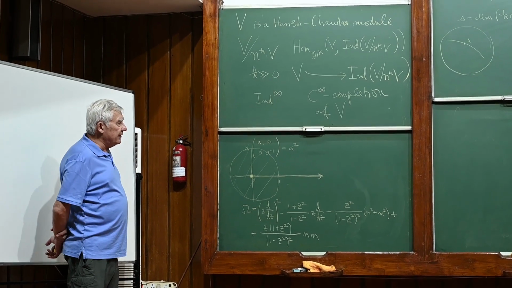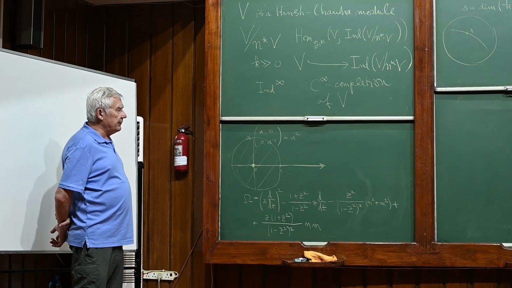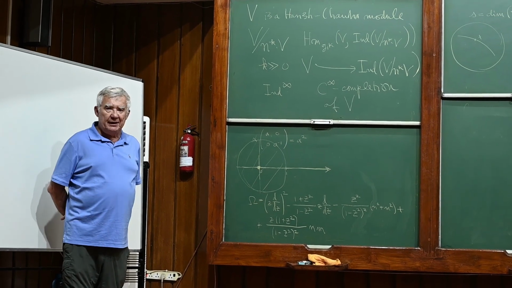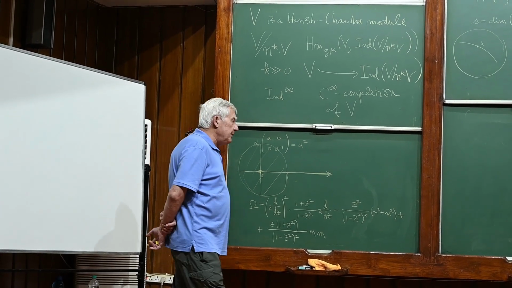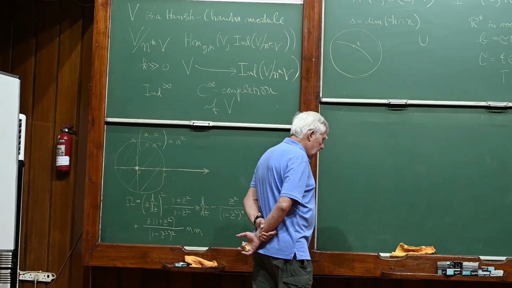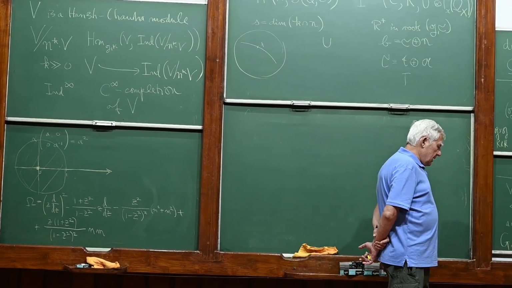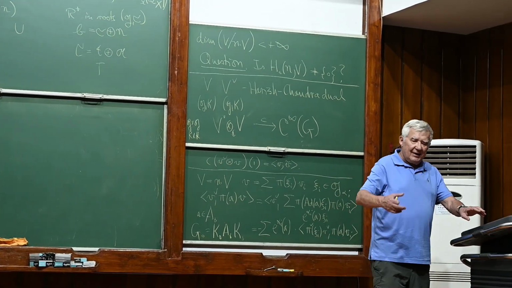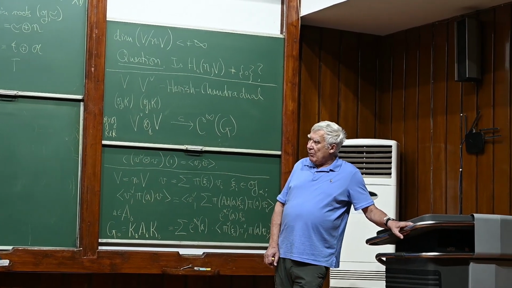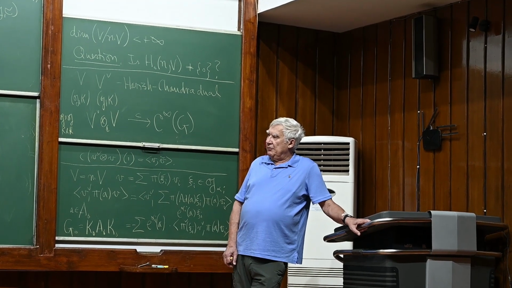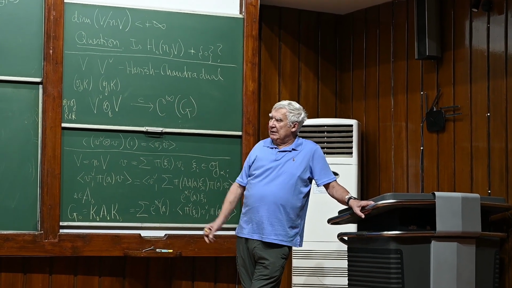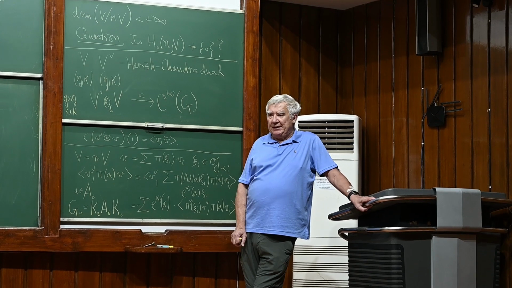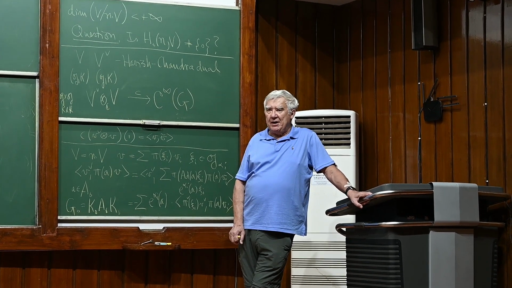So basically, this is what Helgason calls calculating radial parts. And the second paper was the analog of generalizing Frobenius' classical theory of solving differential equations using power series.